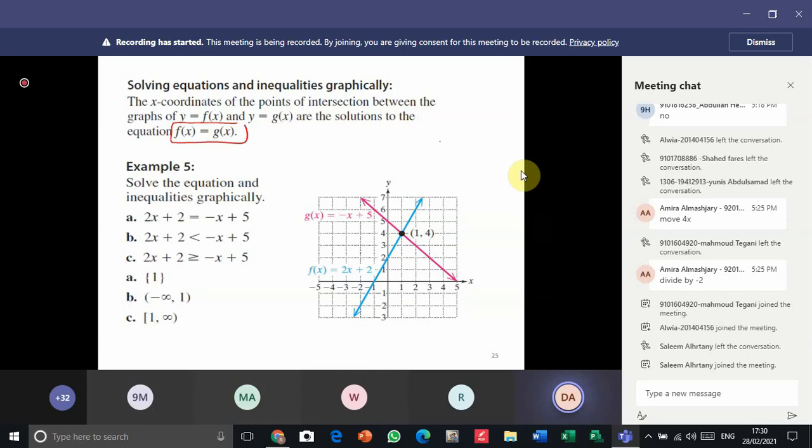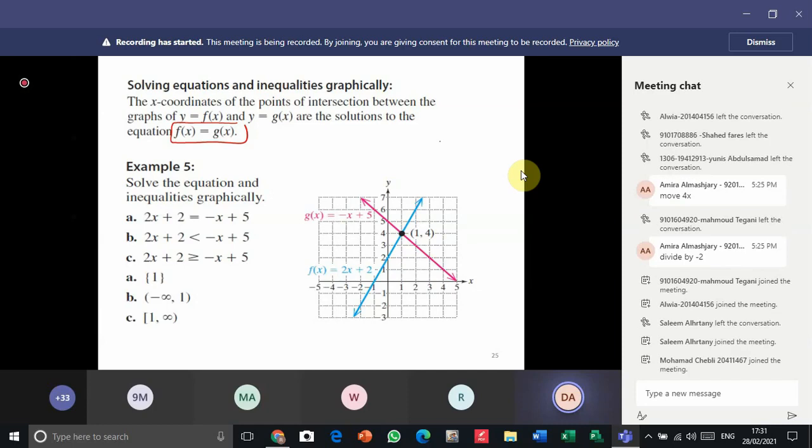If we have L1 and L2, we need to find the intersection between the two lines, so we must solve the equation L1 equals L2. So for any function, if we need the intersection with another function, we must solve the equation: the first function equals the second function. So to find the intersection point, put f equal g.